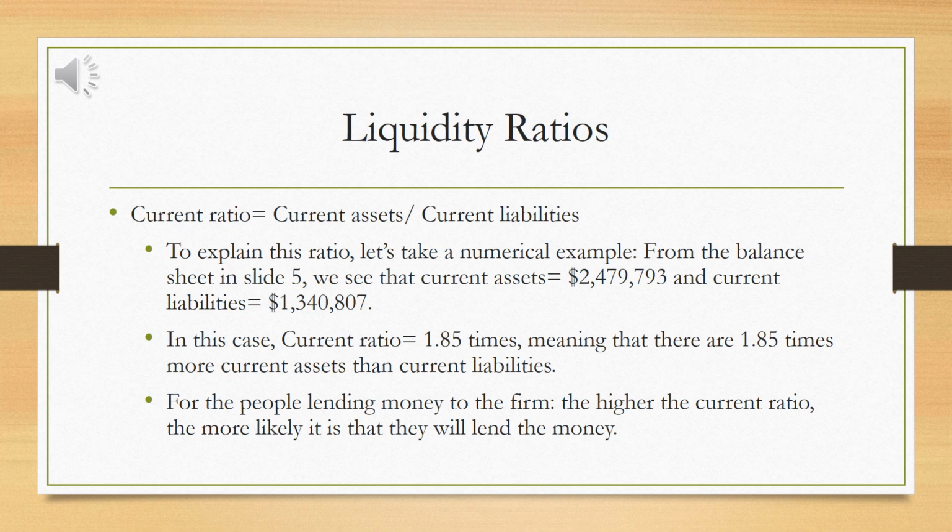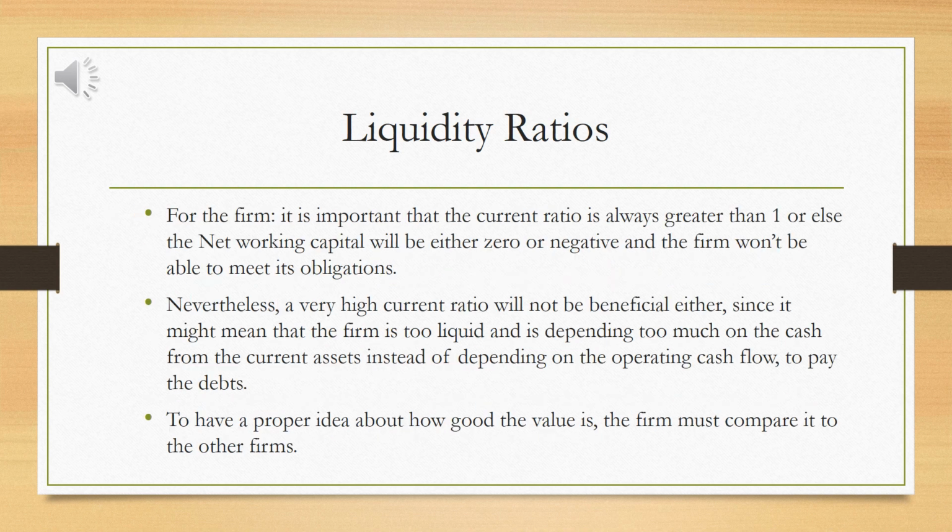For the people lending money to the firm, the higher the current ratio, the more likely it is that they will lend the money. For the firm, it is important that the current ratio is always greater than 1, or else the net working capital will be either 0 or negative, and the firm will not be able to meet its obligations.